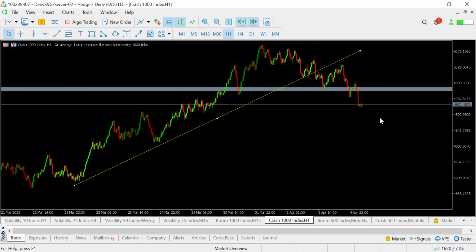So what I'll do is go to H1, giving us a clearer version of what we described from H4. And all we now need to do is wait for a proper retracement into this zone.